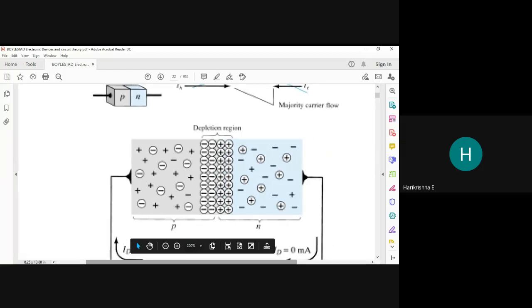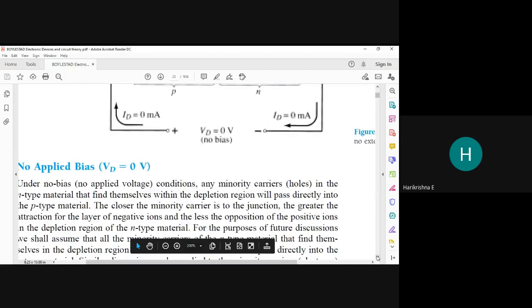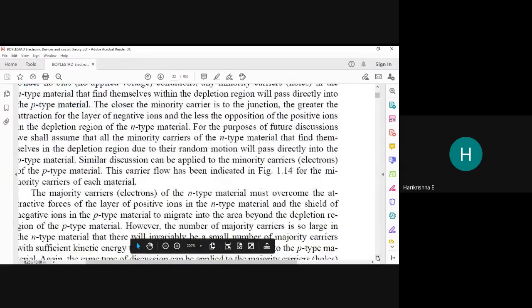Immediately after formation of the junction, because of the concentration gradient, the electrons and holes will cross the junction from one region to the other, and that flow will stop after a certain interval of time, because in the immediate neighborhood of the junction opposite charges are there, that is, immobile ions, which obstruct the further diffusion process. So no current will flow through the device because we have not applied any supply voltage.